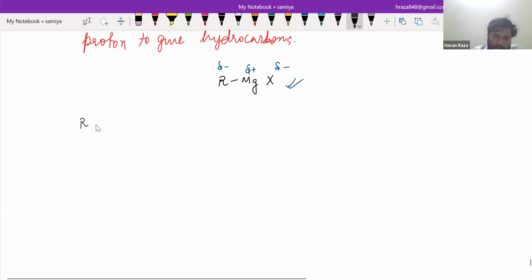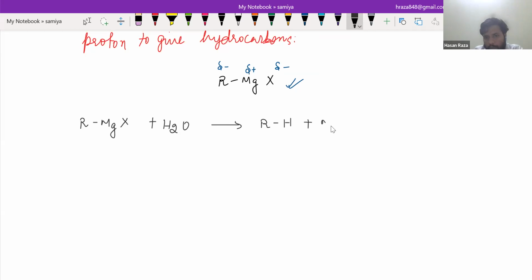Now, when it comes in contact with any source of proton, it reacts as fast as it can to form hydrocarbon. And you know what the product will be. The product will be hydrocarbon along with Mg, OH, and X. How do I write this reaction?